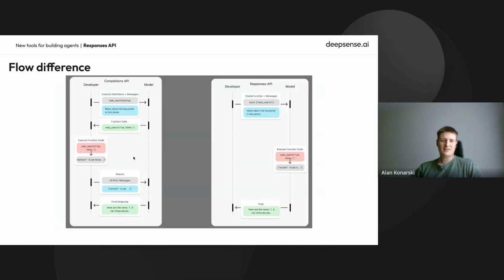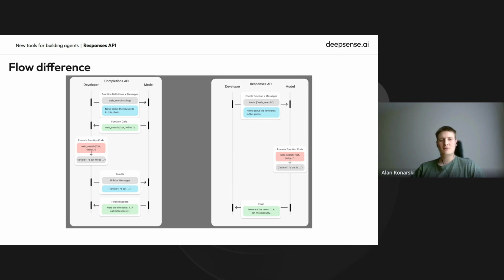The next difference I wanted to show you, and I think it's pretty important, is the flow difference between those APIs. To achieve the same results, the flow with the responses API is much cleaner, I would say. In this example, we want to use an image to search for some information on the internet about something that is in the image.